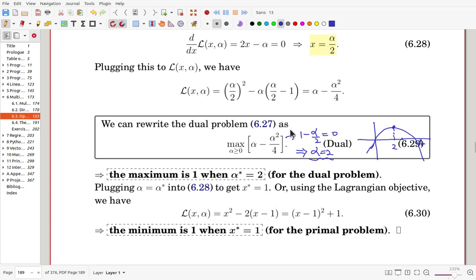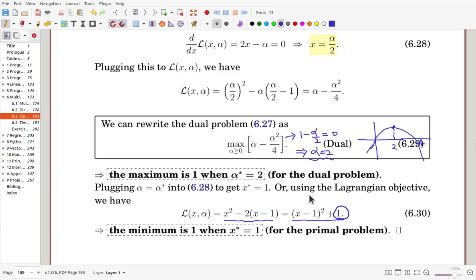Or, because we already know alpha is 2, from the Lagrangian, alpha is replaced by its optimal value. So we recheck that one. Then this can be reformulated in this way, which means that the Lagrangian is minimum when x equals 1, and the minimum value is 1. That is the final answer. So by using various techniques, we can get the same result.